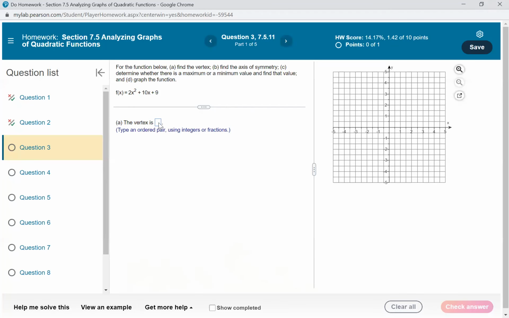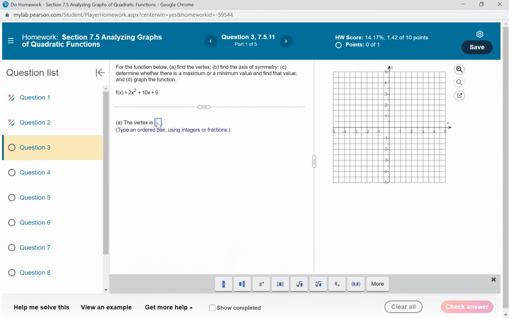So first I'm going to put that vertex in, which was negative 5 halves. And then arrow over and do a comma. And then I had a negative 7 halves. Arrow over and put my parentheses. So make sure you arrow out from under them fractions before you close your parentheses and do your commas.